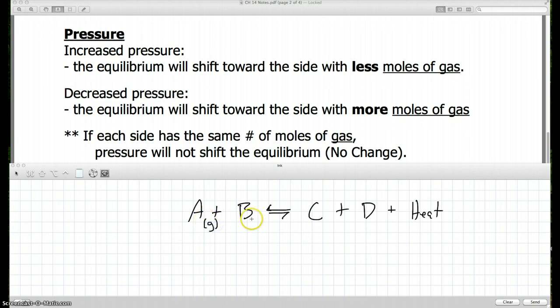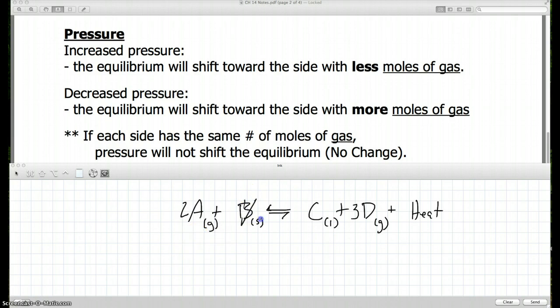We have a gas here, we have a solid here, we have a liquid here, and we have a gas here. The only thing that we're worried about is the gases. And let's say I'm just going to throw some coefficients in here. If we have 2 moles of chemical A plus 1 mole of chemical B, we make 1 mole of chemical C and 3 moles of chemical D.